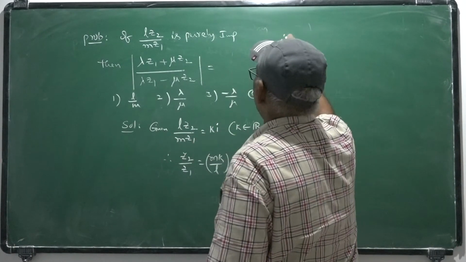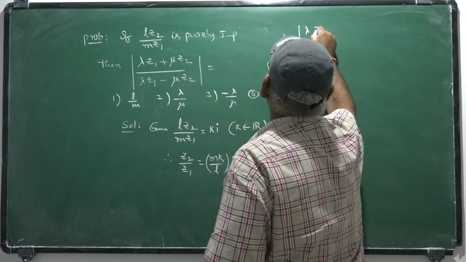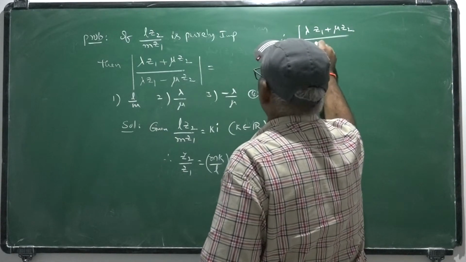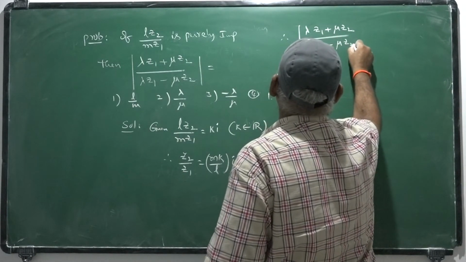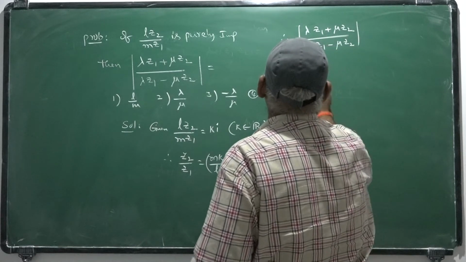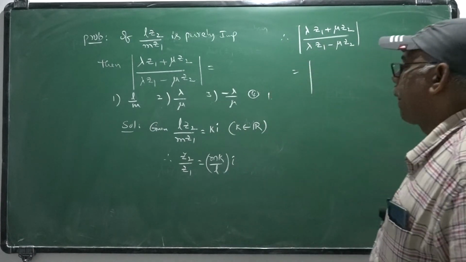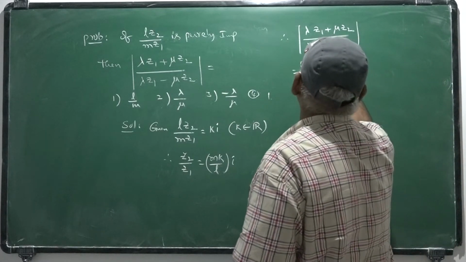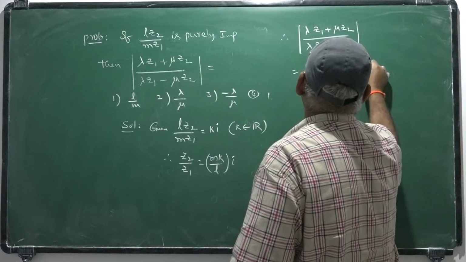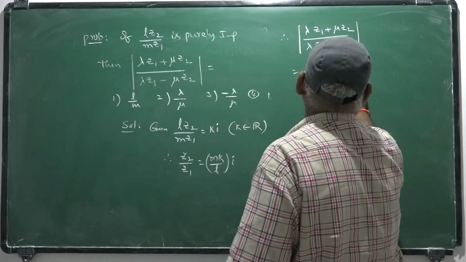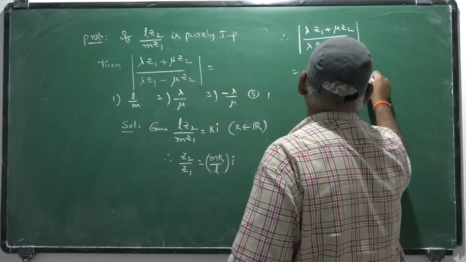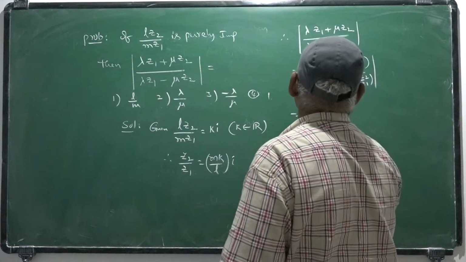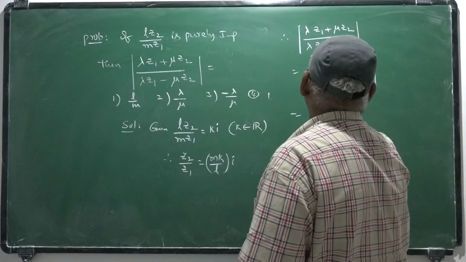So therefore, the required modulus of lambda Z1 plus mu Z2 by lambda Z1 minus mu Z2 equal to, you can write as lambda plus mu Z2 by Z1 by lambda minus mu Z2 by Z1, dividing with Z1.